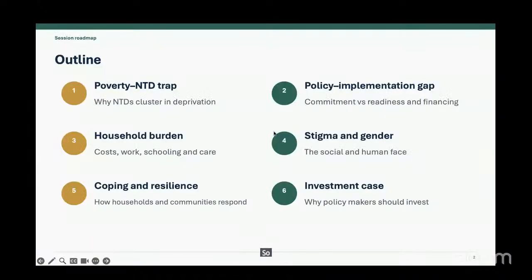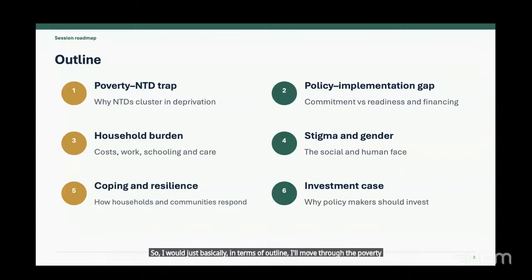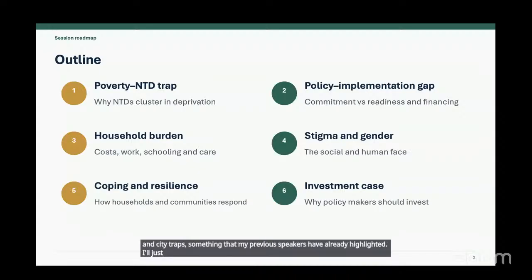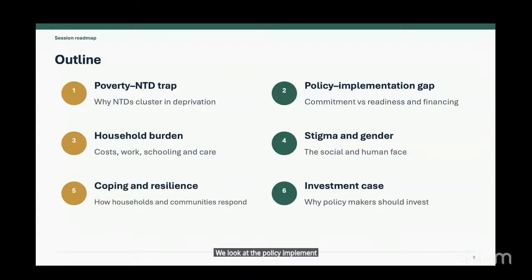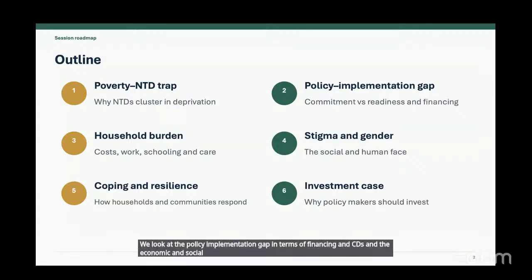In terms of outline, I'll move through the poverty NTD trap, something that my previous speakers have already highlighted. I'll give some contextual explanations to that. We'll look at the policy implementation gap in terms of financing NTDs and the economic and social burden of NTDs.